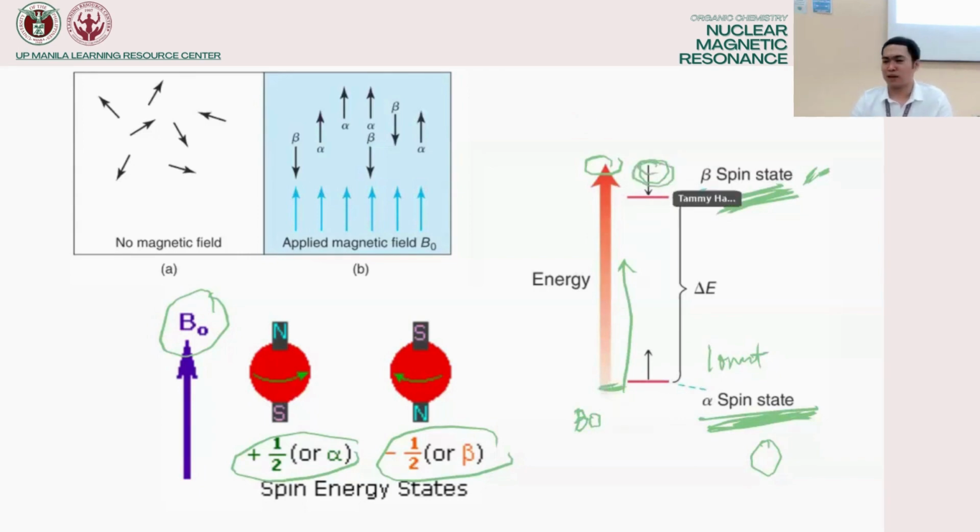Energy, correct. The change in energy will make your alpha go from alpha spin to beta spin state. So you can change the spin state from alpha to beta and vice versa.